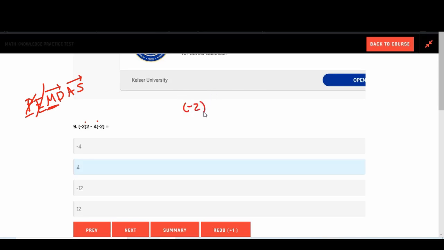So we got negative 2 times 2 minus 4 times negative 2 equals. So let's take care of that multiplication. Negative 2 times 2 is negative 4. We're not touching the subtraction yet because we're not there yet. 4 times negative 2 is negative 8.